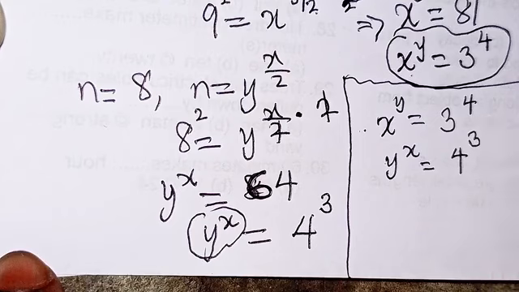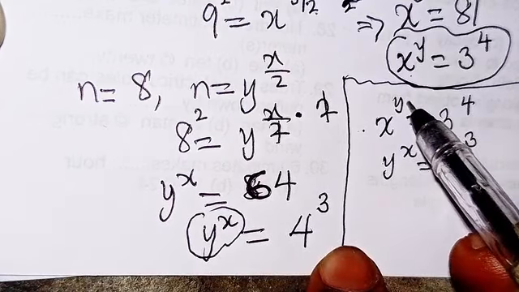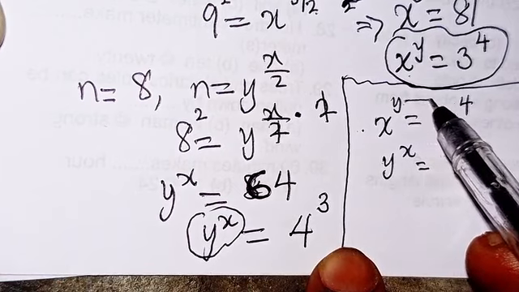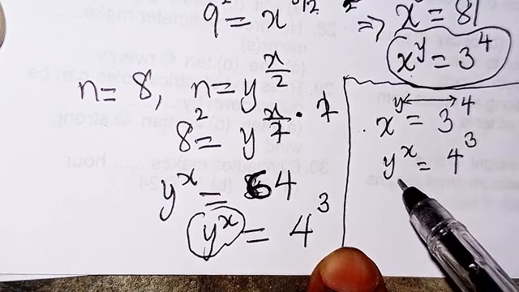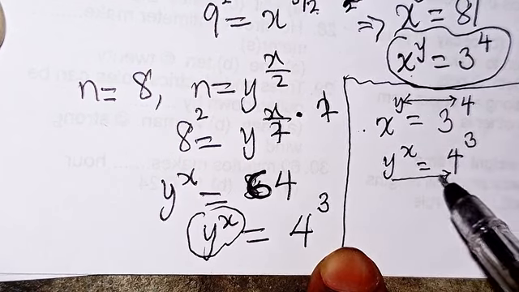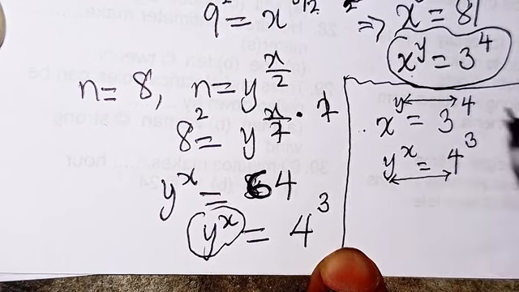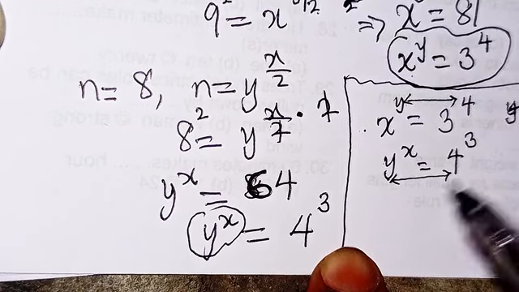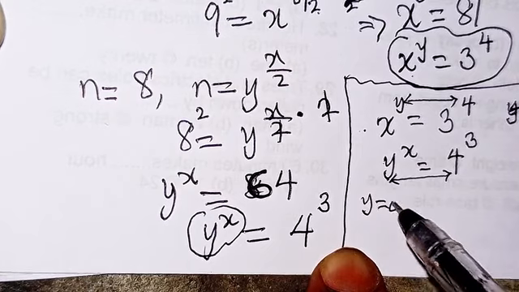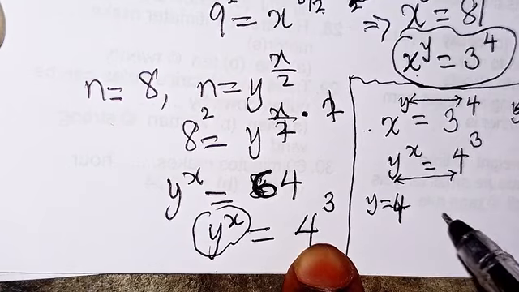So now when you look at this, let's do comparison here. The power here is 4. Look at this one, the base here is 4. So we have base here is y, we have 4 here. This means y equals 4.